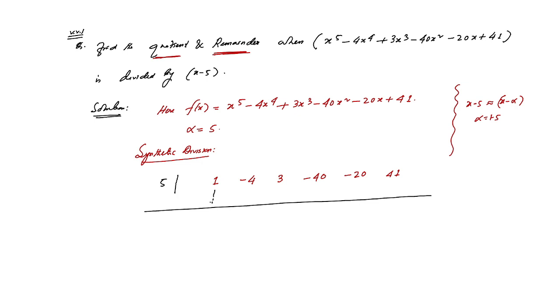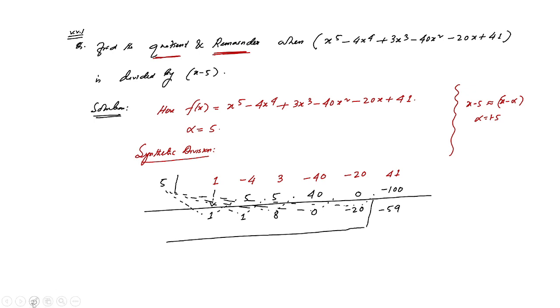We'll apply the synthetic division, so we'll write 1 here first, then 5 into 1, this is 5, so 5 plus minus 4, 1, and 5 into 1, 5, so 5 plus 3, 8, 5 into 8, 40, it is basically 0, then 5 into 0, 0, so minus 20, 5 into minus 20, so this is minus 100, so minus 59.